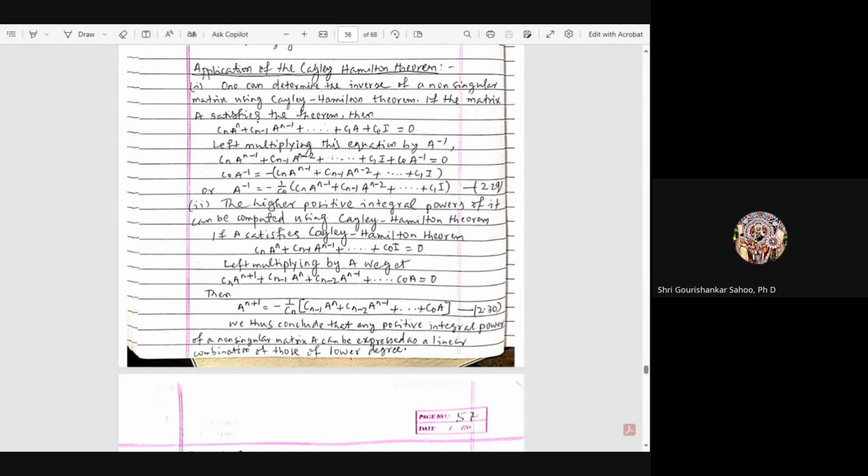So A to the power n plus 1 is equal to minus 1 by Cn times Cn minus 1 A to the power n plus Cn minus 2 A to the power n minus 1 plus and so forth, plus C0 A. We thus conclude that any positive integral power of a non-singular matrix A can be expressed as a linear combination of those of lower degree.